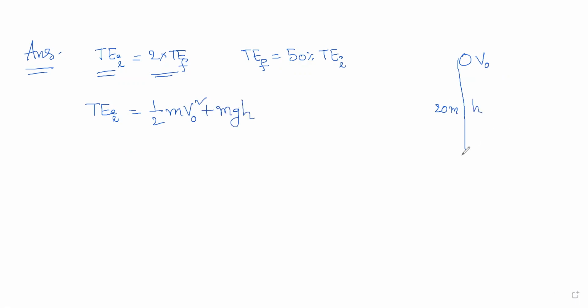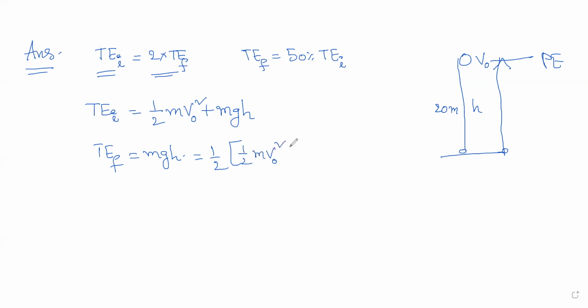After hitting the ground, it goes to the same height once again. That means the final energy is only potential energy, mgh. So we have the equation: final energy is half of the initial energy, that is half m v naught square plus mgh.